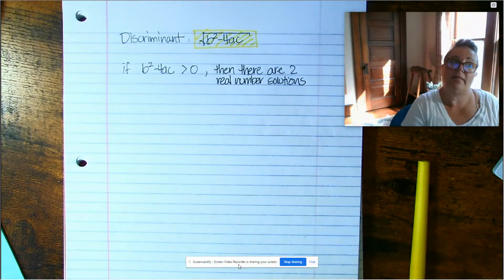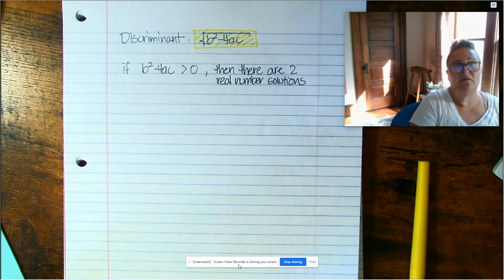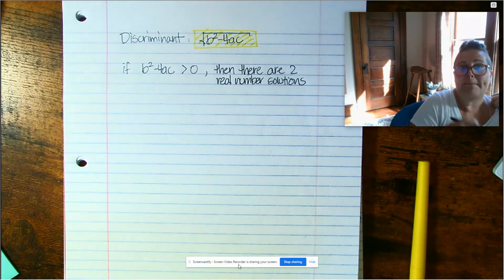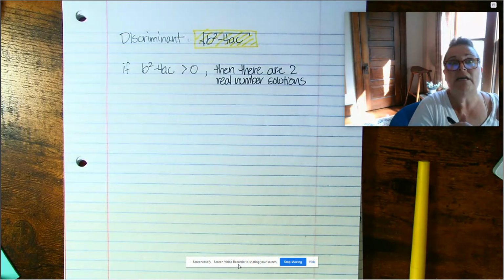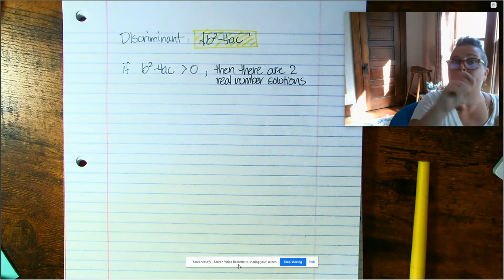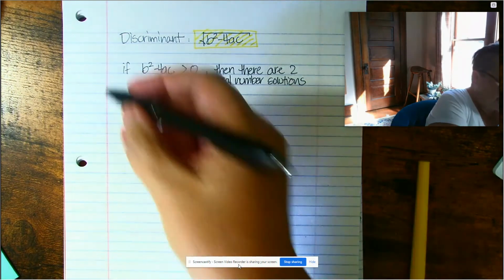Meaning you could get like a 4 and a negative 7/8, or a 12 and a negative 2, right? If that part is greater than 0, then there have to be 2 real number solutions, because you're going to get b plus that over 2, and you're going to get b minus that over 2. So both of those will work.